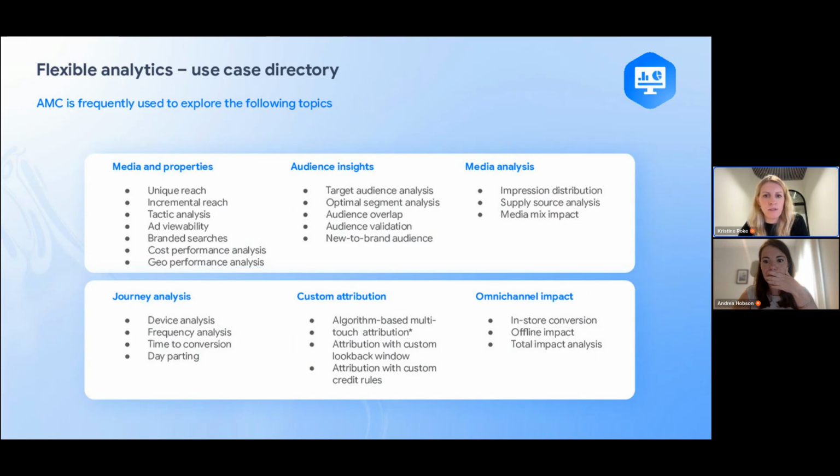The goal here is not to dive into each dimension, but to show the scale of possibilities with AMC. It allows us to connect data, test hypotheses, and understand what really drives performance across all touch points.